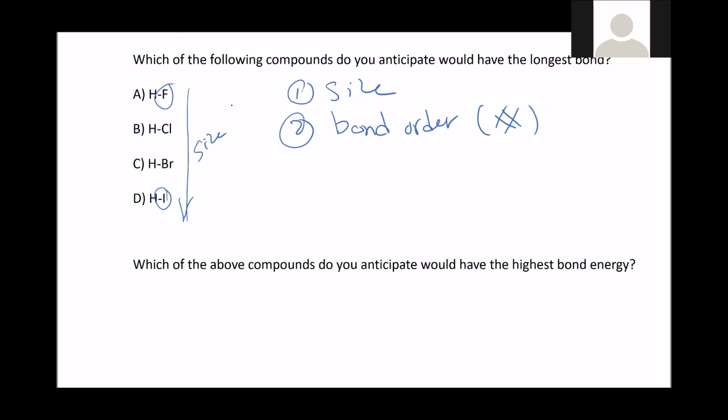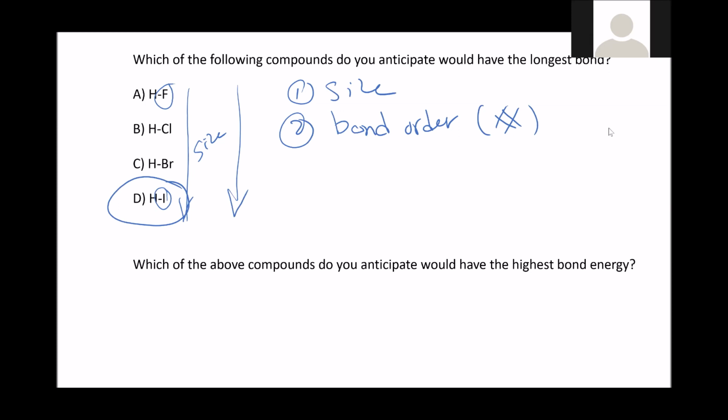Hydrogen is the same size, so the size of the halogen is going to be the determining factor here. And since the size goes larger downwards, it means the bond length is also increasing in the same direction. So that is going to be the longest bond in all of these combinations.